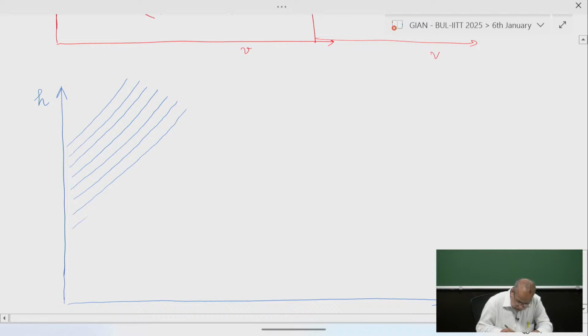I am now going in the direction of decreasing pressure.